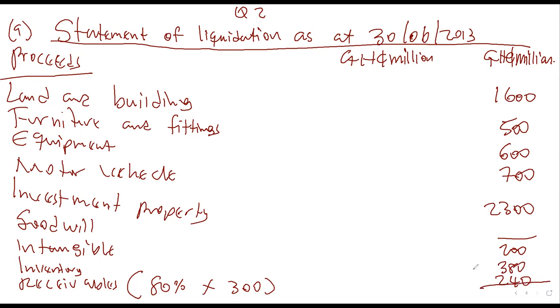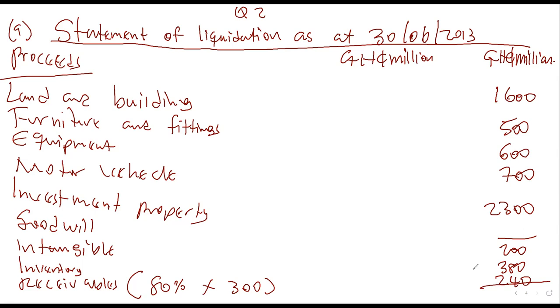All right, so I'll try as much as possible to put all of them together. I'll do 600 plus 500 plus 600 plus 700 plus 2,300 plus 0 plus 200 plus 380 plus 240.